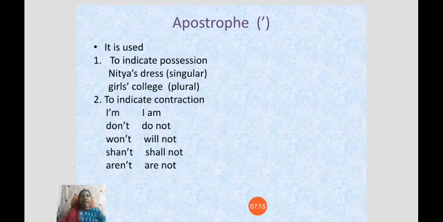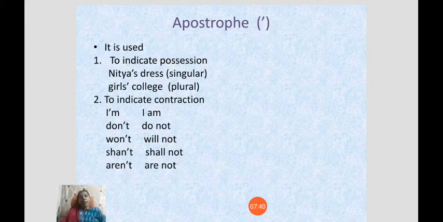And also can't, C-A-N-N-O-T, cannot can be written as can't. I think you have studied this in the question tags. You remember how you add a question tag? If you remember the question tags, now you will remember all the short forms used.